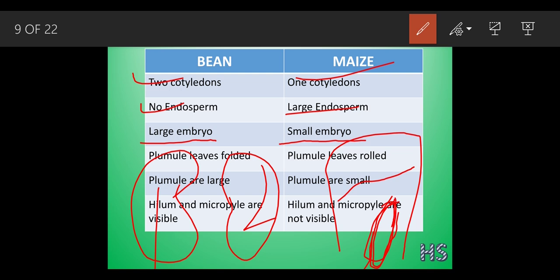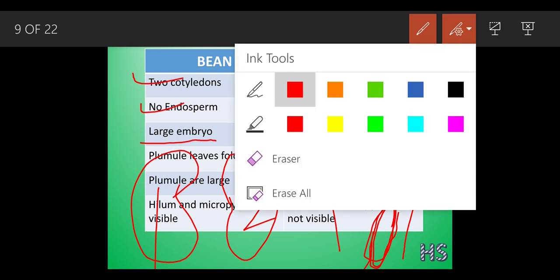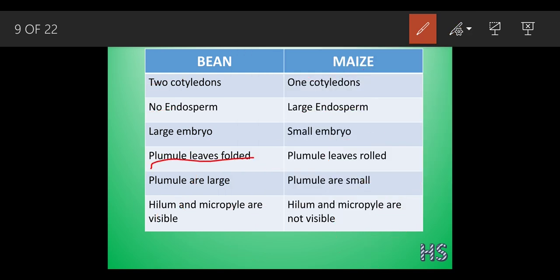The plumule's leaves are folded in the bean and rolled in the maize. The plumules are large in the bean and small in the maize. If you see rajma or any other bean, you can easily see the hilum and micropyle, but in maize the hilum and micropyle are so small that they are not visible. They are present but not visible.